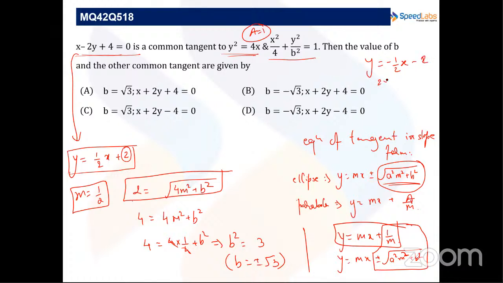So our equation will be 2y equals minus x minus 2. So the correct options are A and B. B can have two values, root 3 and minus root 3, and the other tangent is x plus 2y plus 2 equals 0, sorry, plus 4 equals 0. Okay.